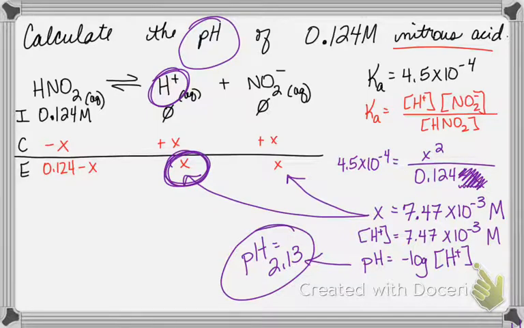Okay, let's take this a step further. And let's talk about this little assumption we made over here where we just marked that X out. How can that be okay? Well, there's something we can calculate, and it's called percent ionization. Now think about that, and it makes sense. What percent of it ionized?